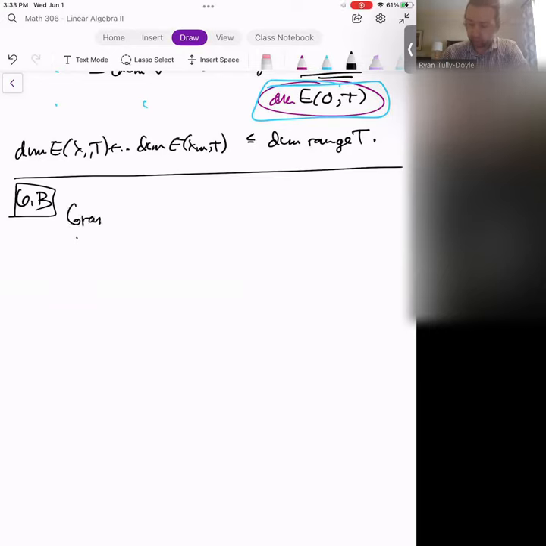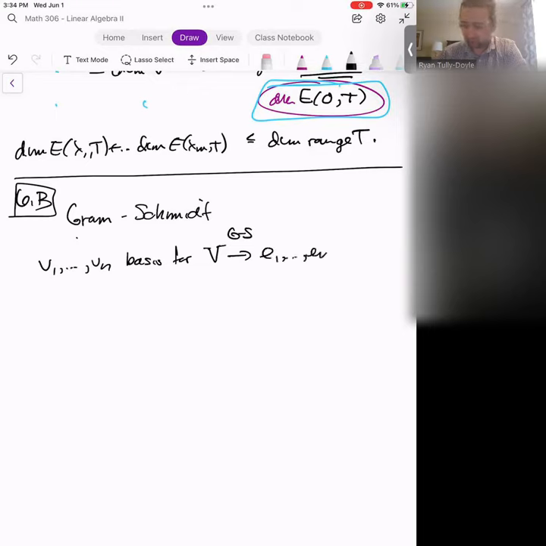So what the Gram-Schmidt process lets you do is you feed it a V1 through Vn that's a basis for some space V, and you Gram-Schmidt it, and what comes out the other side is an E1 through En, which is an orthonormal basis for V.